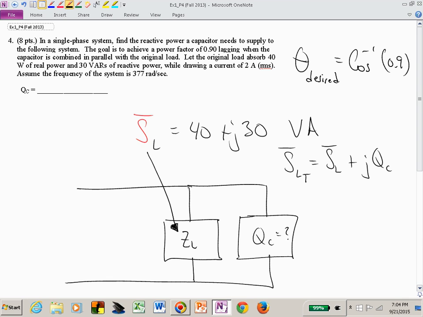We want a power factor of 0.9, and that corresponds to a certain angle, cosine of an angle, to give us 0.9. If we inverse cosine 0.9, that's the angle that we are going to want after we combine all of our loads. This ends up being 25.84 degrees.